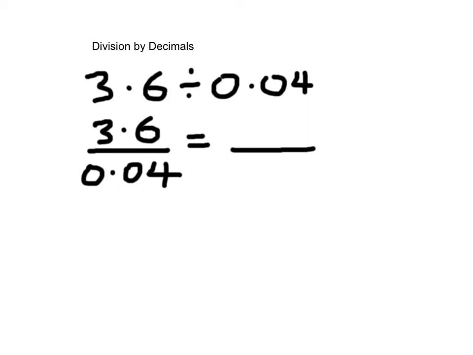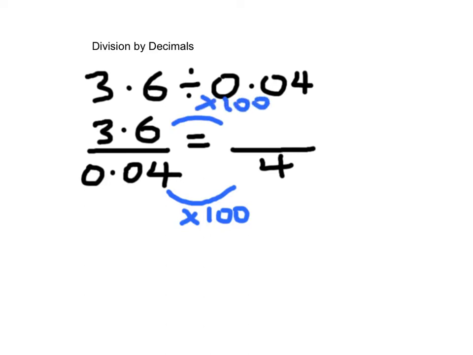So the number that I'm going to multiply the top and bottom by is 100. I multiply the bottom by 100, and the bottom becomes a 4. I multiply the top by 100, and the top of the fraction becomes 360.